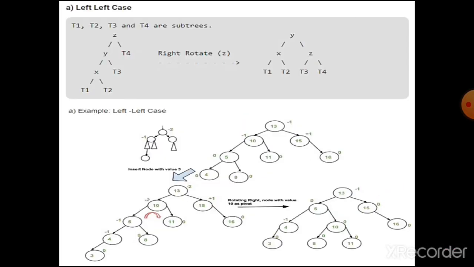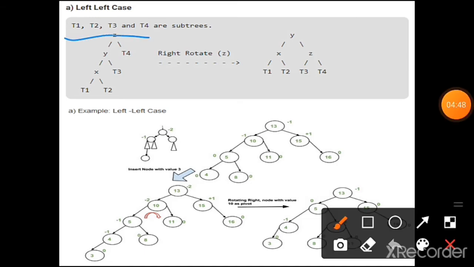So this is the first case, the left case. Here assume that T1, T2, T3 and T4 are the subtrees.